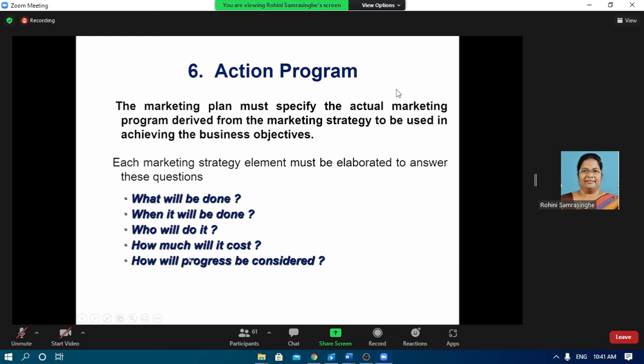Everything we want to consider. Ultimately, we want to put how progress will be considered, how the marketing plan progress will continue and be considered. Here we can look at the consumer satisfaction survey as an example, and different things you can apply to get feedback on the planning actions, right?